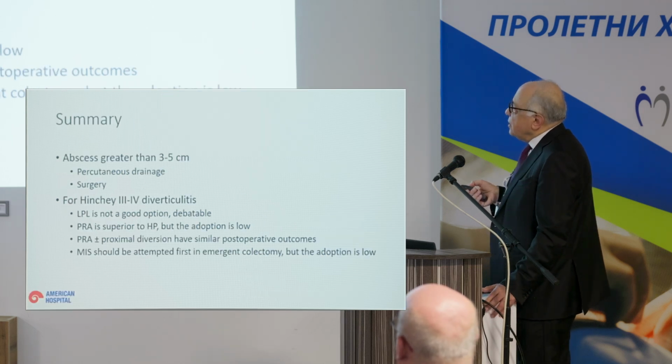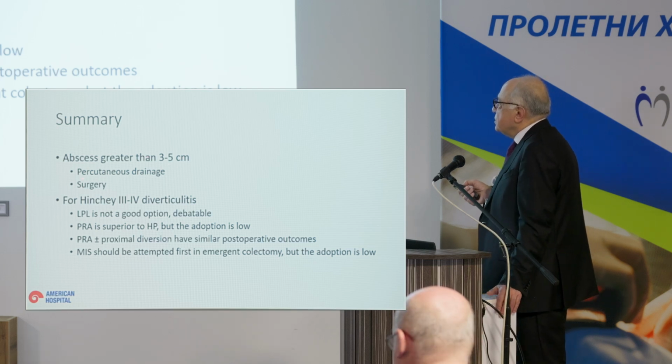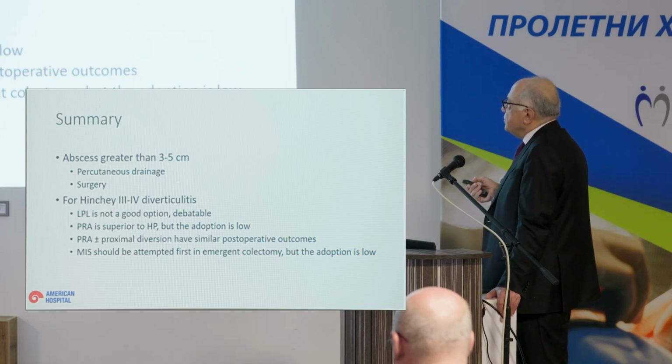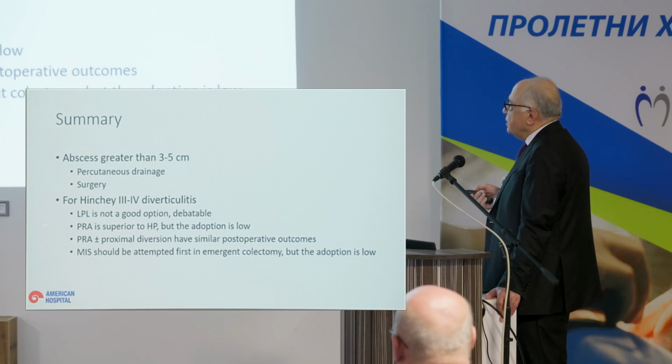In summary, an abscess greater than 5 centimeters needs to be treated by percutaneous drainage or surgery. For Hinchey 3 diverticulitis, laparoscopic lavage is not a good option. It's debatable. Perhaps in a very small group of patients we can do lavage.